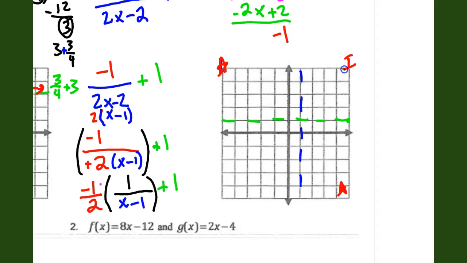This is the second quadrant, this is the third quadrant, this is the fourth. So anytime this is negative, you always graph in the 2 and the 4. So we're going to go up 1/2 over 1 and down 1/2 over 1. Very close to the asymptotes. Good.